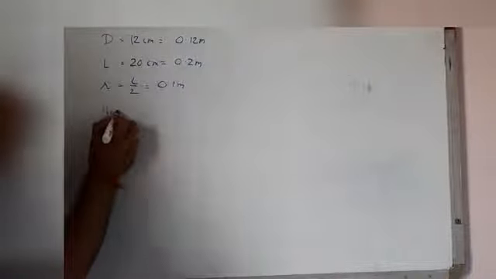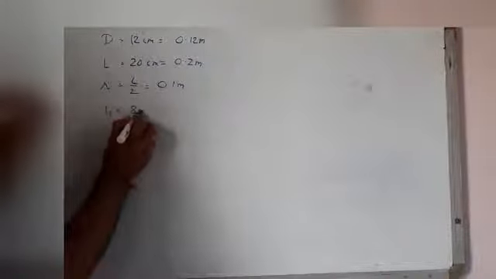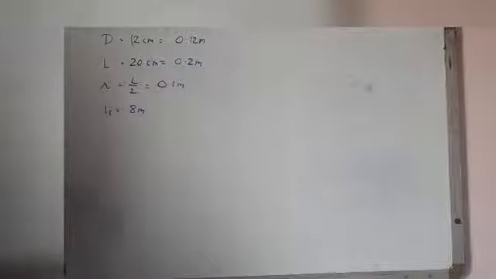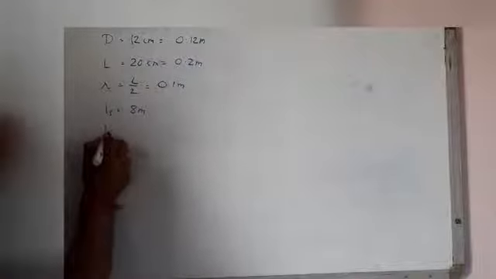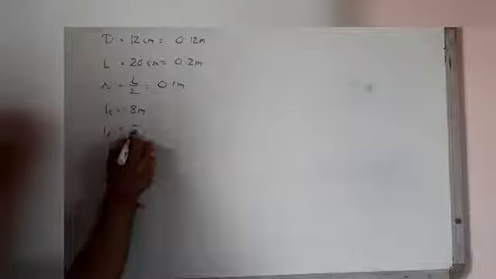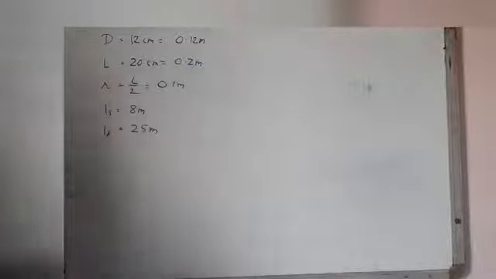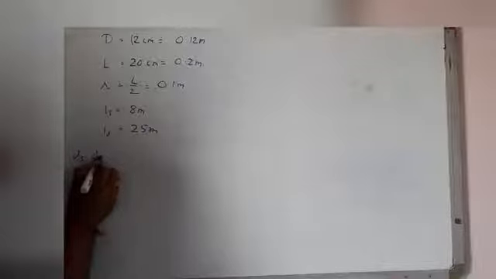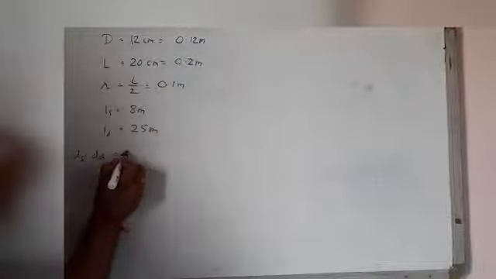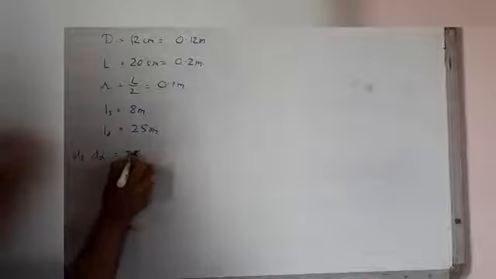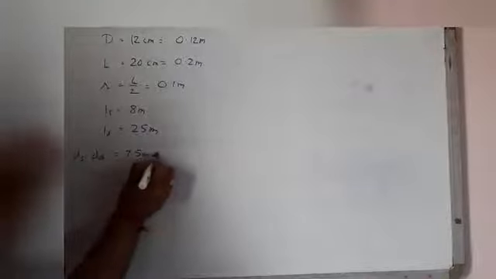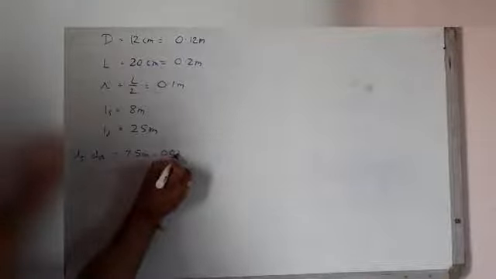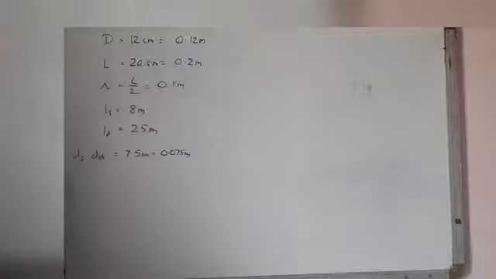Length of suction pipe LS is given 8 meter. Length of delivery pipe LD is given 25 meter. Diameter of suction and delivery pipe DS and DD both are 7.5 centimeter equal to 0.075 meter.